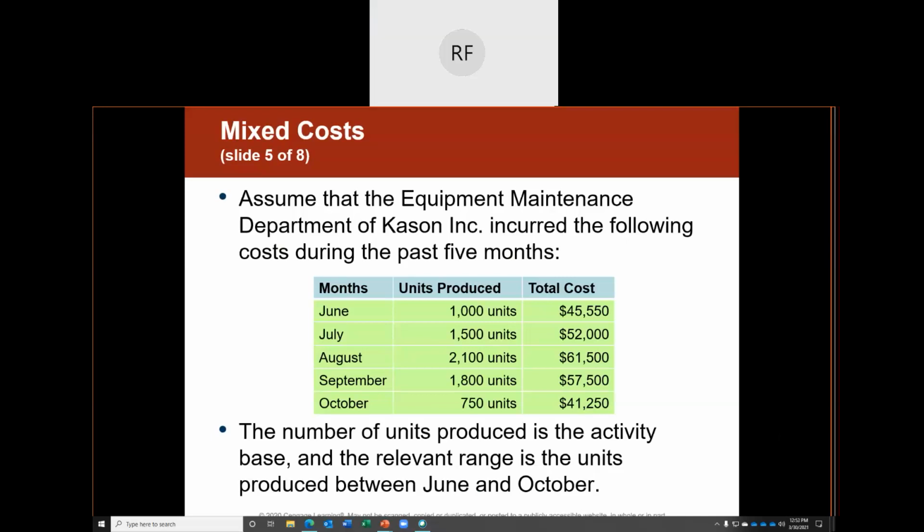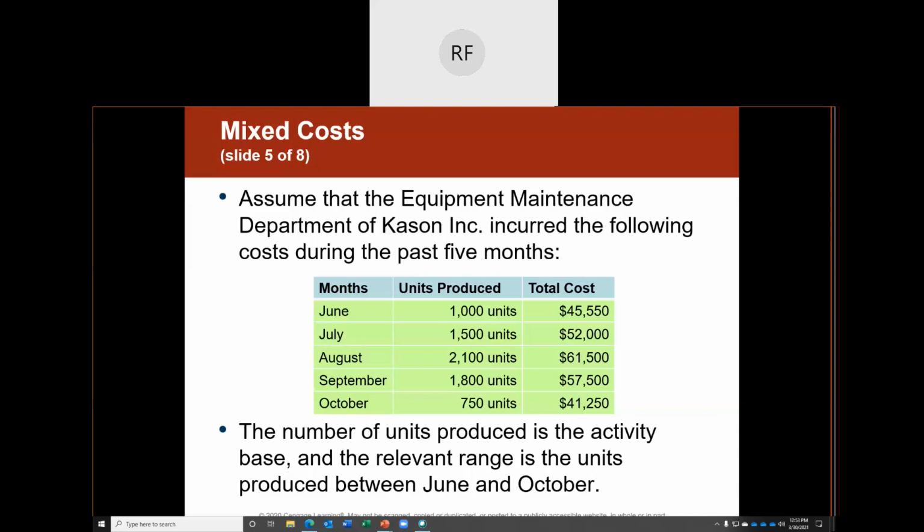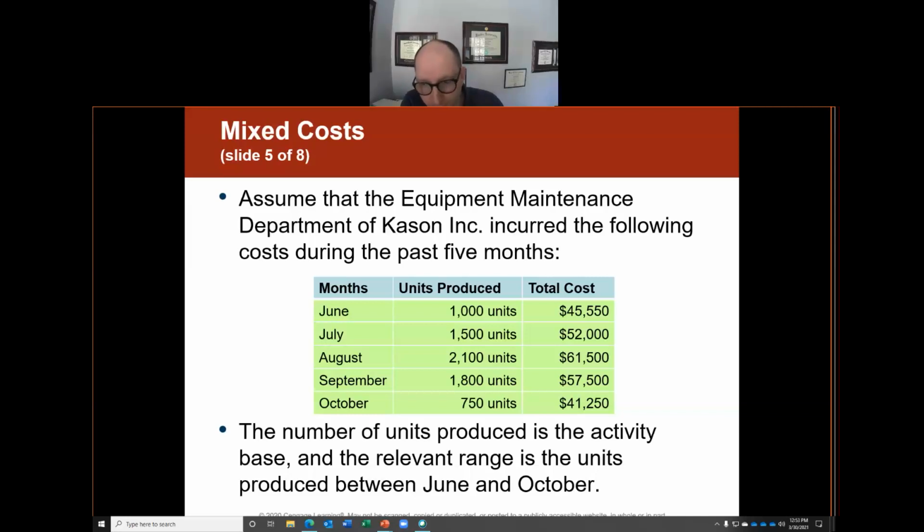In terms of cost. Seems like August is a high month. That's correct. August is a high month and October is the low month. Very good. Thank you, Richard. Welcome. Perfect. So looking at this, August is our high month, October is our low month.